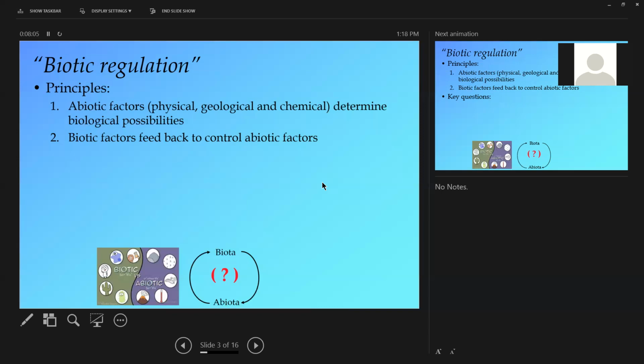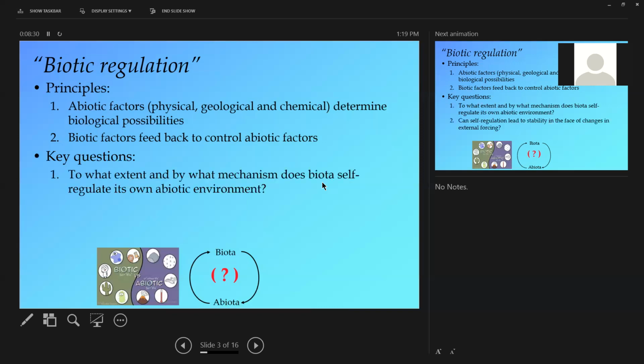So we've come to understand that in biological systems, biology is not only affected by the abiotic environment, it also affects the abiotic environment. So there's this feedback between the living organisms and the non-living environment. It's not a one-way flow of information.